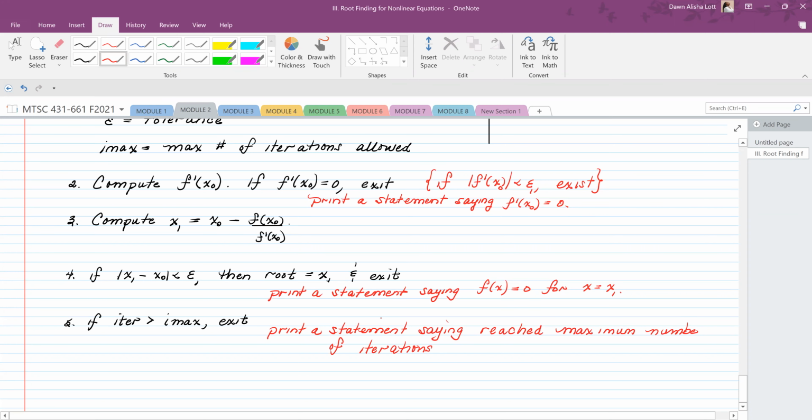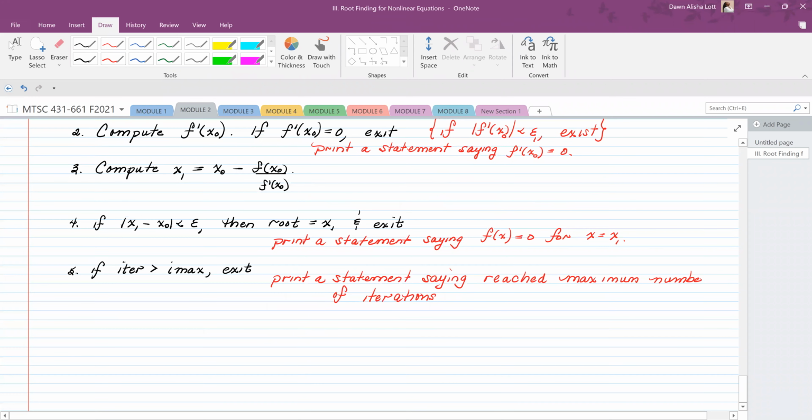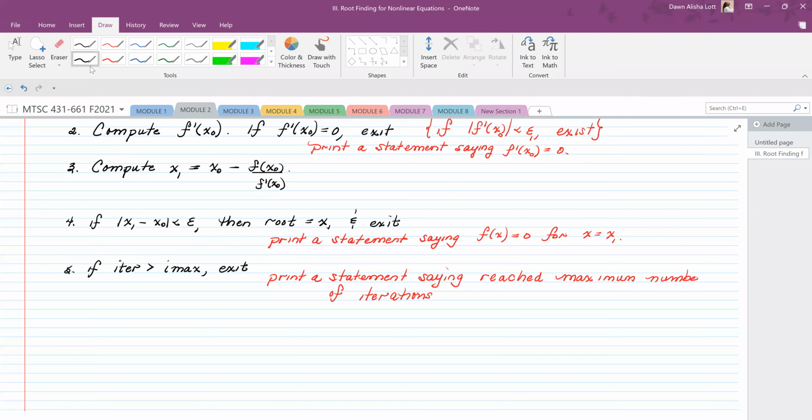Okay. If none of those things have happened, then we're just going to keep going. So now we're going to increase the iterate. So iter is then going to be iter plus 1. Okay. And then we're also going to let x0 be x1.